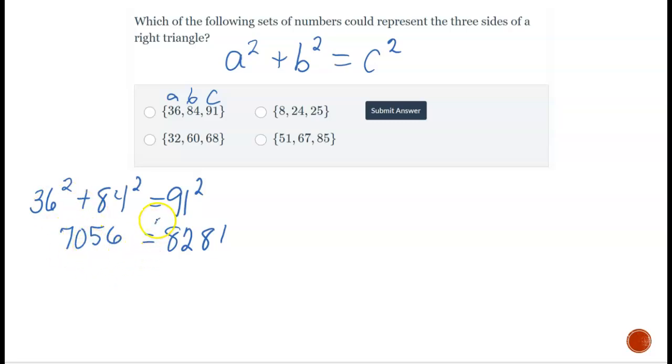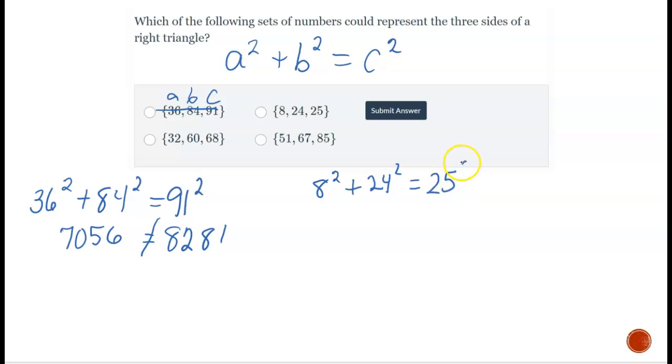I look and I say these do not equal, so that is not going to create a right triangle. So that one's not an option. Then we come over here to the next set, and we have to go through and test short, short equals long.